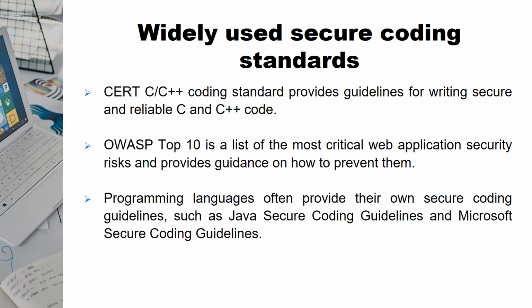Then we have the OWASP Top 10. This is a list of the 10 most critical web application security risks, like SQL injection and XSS, with advice on how to avoid them. Every web developer should know this list.